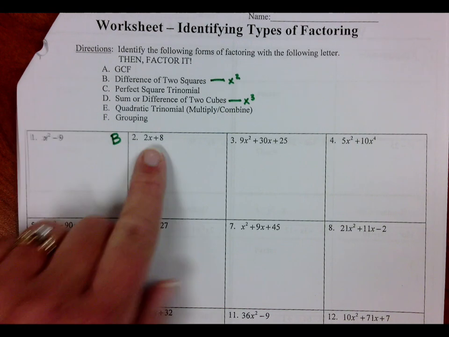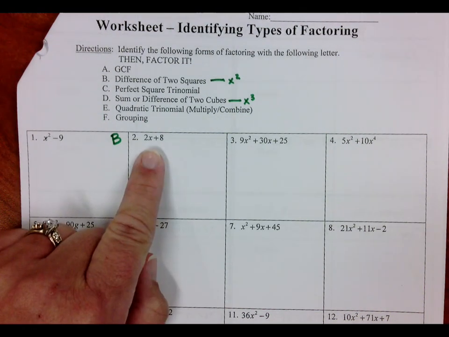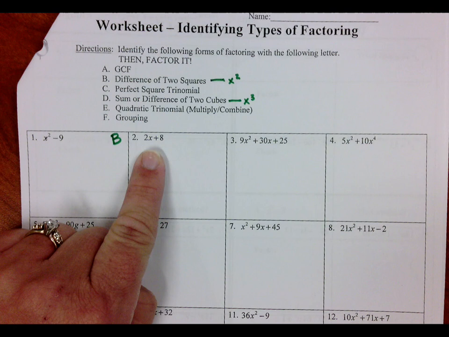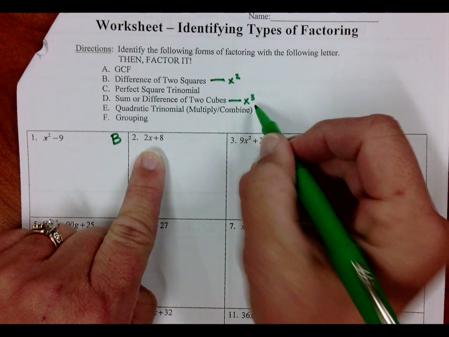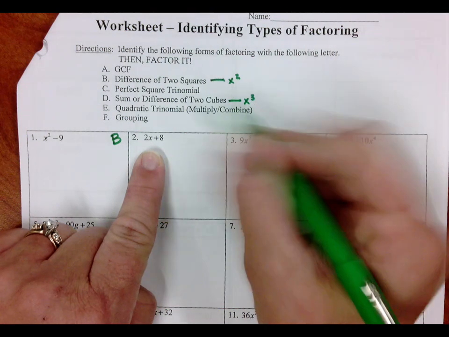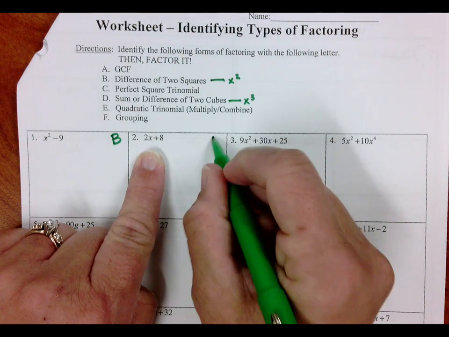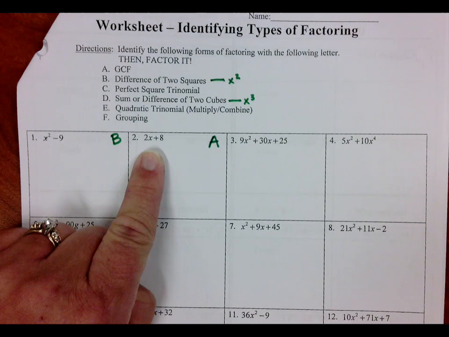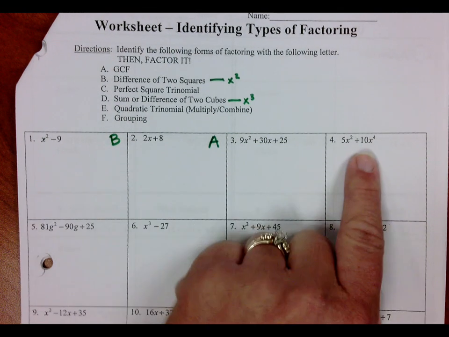And find another one. This one only has 2 terms, but what is the exponent? It's just a 1, right? It's not a squared and it's not a cubed. So it's probably just going to be a GCF. So that's a GCF only. So find another one, 2 terms. What about 4?